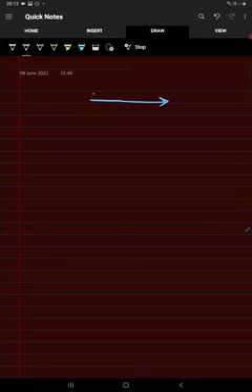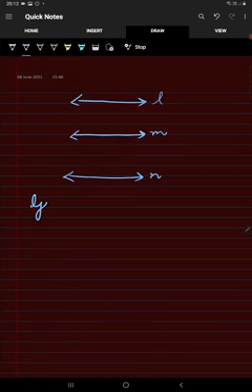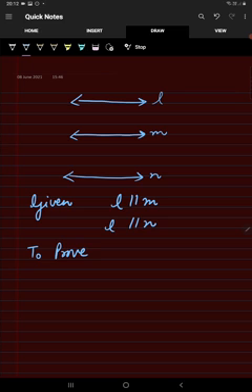This is line L, this is line M, and this is line N. Here it is given that line L is parallel to M, line L is parallel to N, and now we have to prove that M is parallel to N.